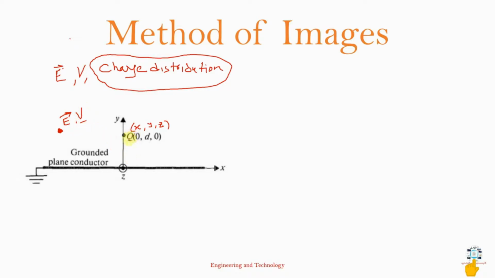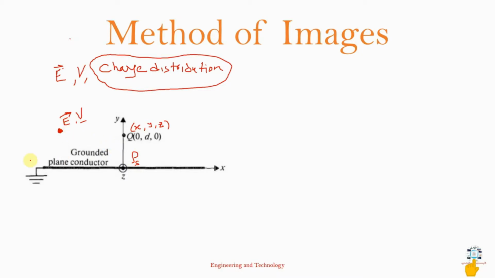We should have knowledge of the charge density, because due to this charge q, we will have a charge density on this conducting surface, and its effect on the electric field and electric potential should be considered.